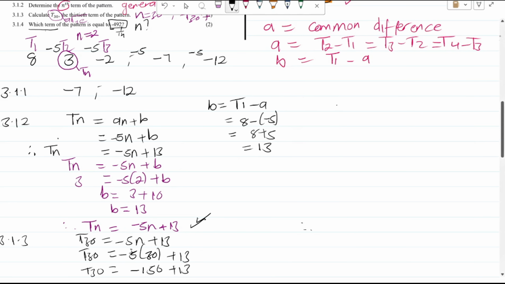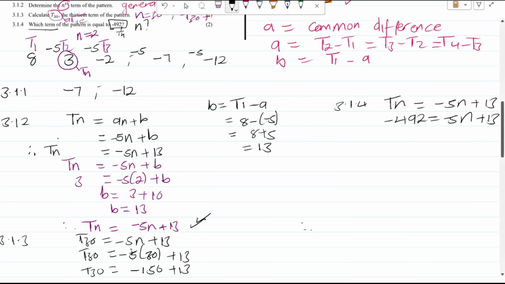I'm writing 3.1.4 here. 3.1.4, we copy the formula, which is equal to negative 5n plus 13. Where there is Tn, you substitute negative 492 is equal to negative 5, we are looking for n, plus 13.